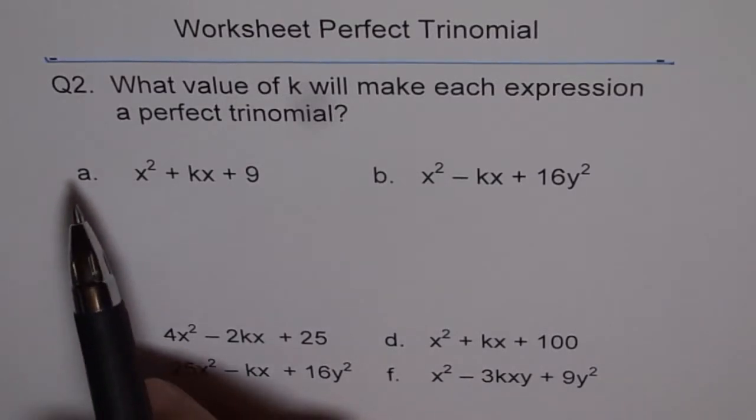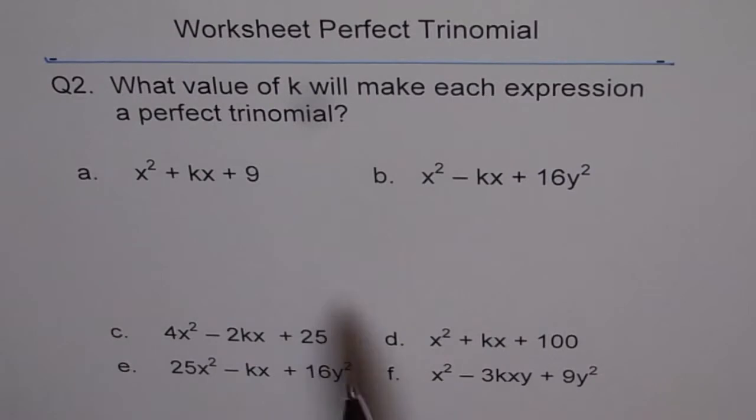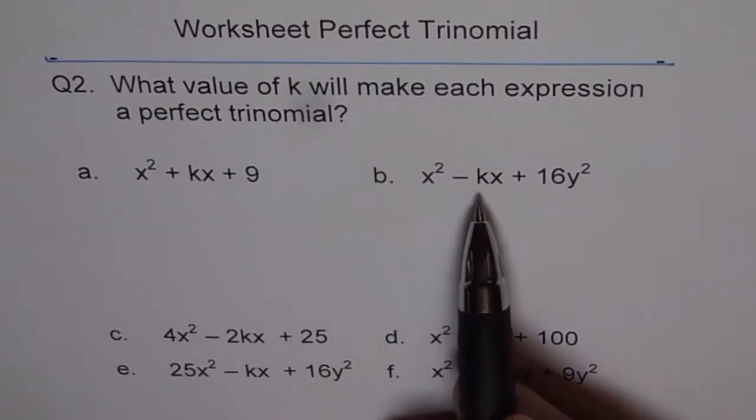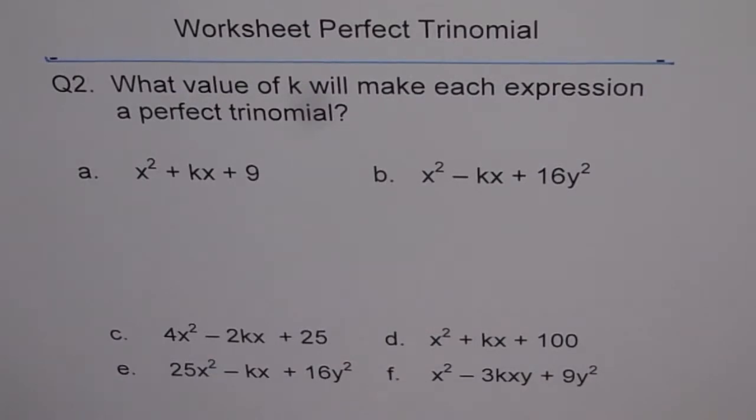Now 2a is x squared plus kx plus 9 and b is x squared minus kx plus 16y squared. You may first copy all 6 of them. C is 4x squared minus 2kx plus 25. D is x squared plus kx plus 100.